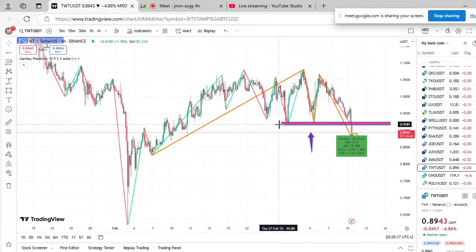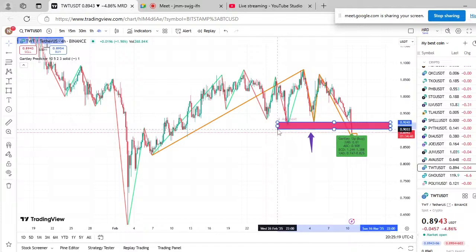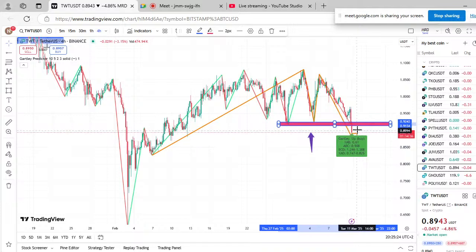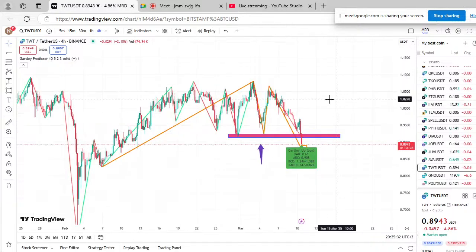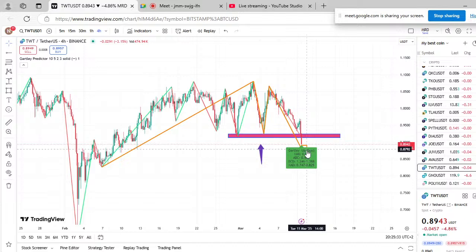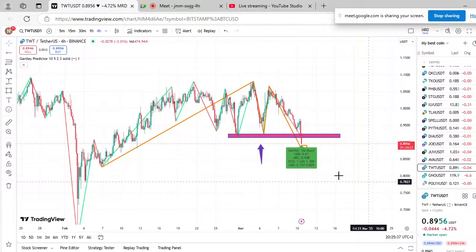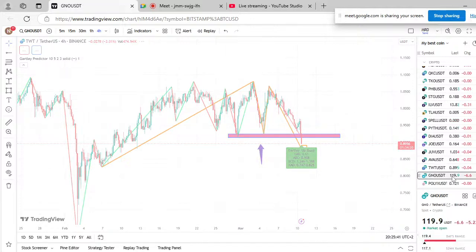Like this line now, it is representing support. But the indicator was showing you that we are coming to this point. And the way you are seeing, automatically, the coin is already there. So if you were trading this coin, now you would be jubilating.